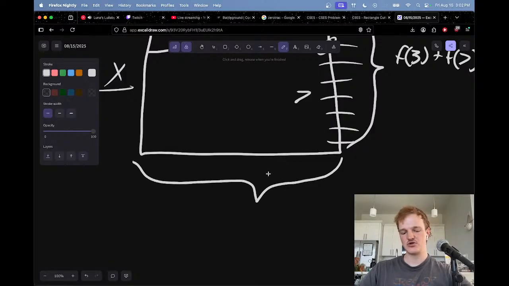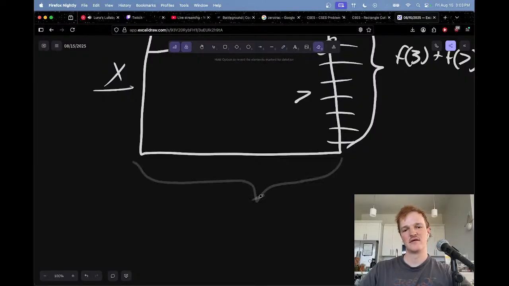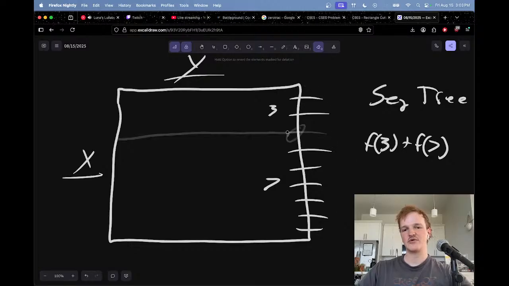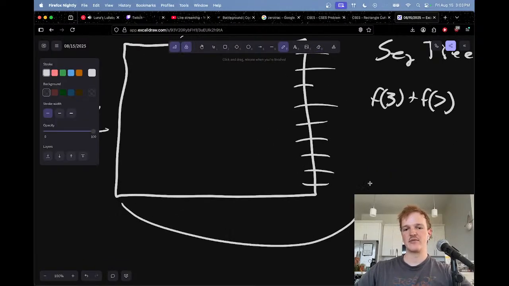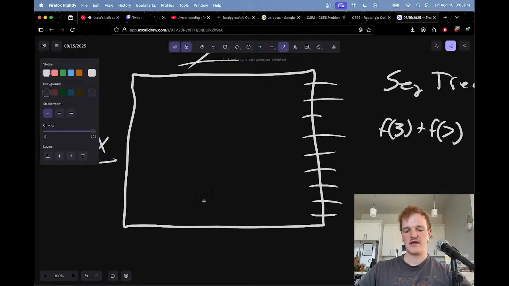Maybe a 2D segment tree is a little simpler. Maybe. I think with a 2D segment tree, you would say, okay, this is the entirety of my segment tree right here. And then for any given ij combination, what's the recurrence relation?